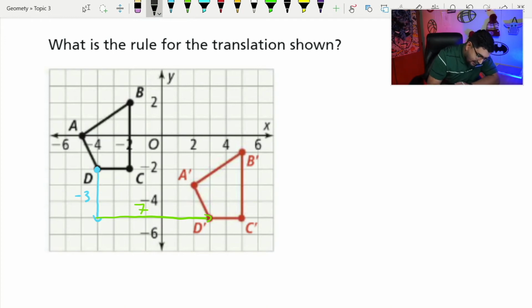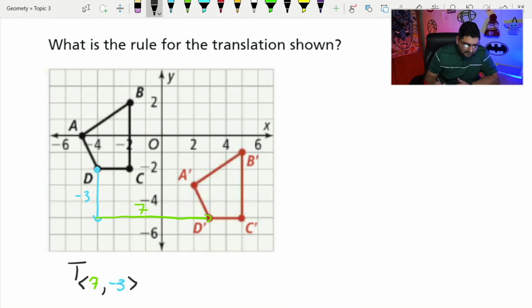So really the way that I would write this translation, I'd say that triangle ABCD was translated, that's what the T stands for. The rule that they followed was that they went to the right 7 spaces. So we write that direction first, and then we write whether or not they went up or down next. And then they went down 3 spaces. And that's sort of the rule that they have followed.